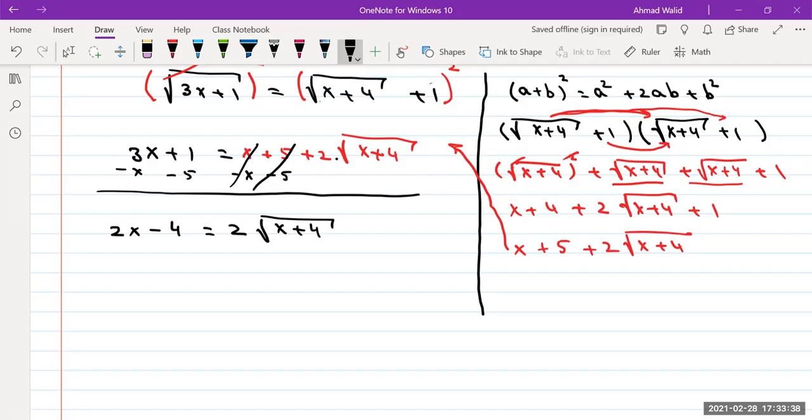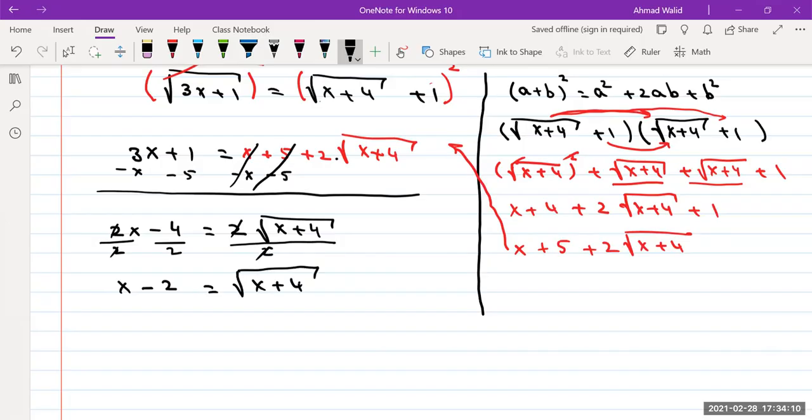Remember, if you have a number outside, you can divide both sides by this number. Divide everything by 2. These 2s cancel out: x minus 2 equals square root of x plus 4.